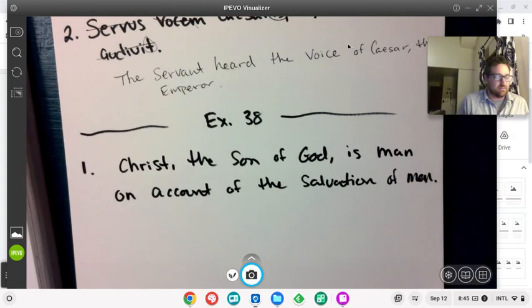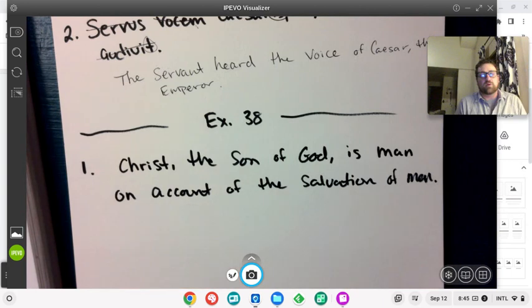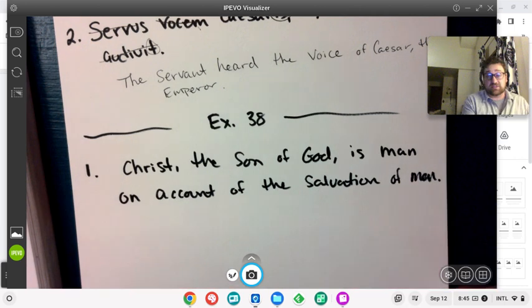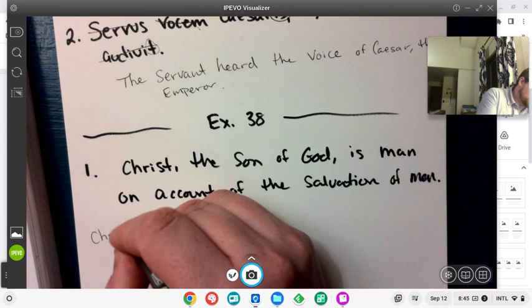All right, so again, subject and verb first, except this time, because we're going from English to Latin, we're going to want to maybe start the sentence with our subject and put our verb all the way on the end and leave plenty of space in the middle for us to fill in things along the way. All right, so Christ is going to be Christus. Christ, the Son of God.